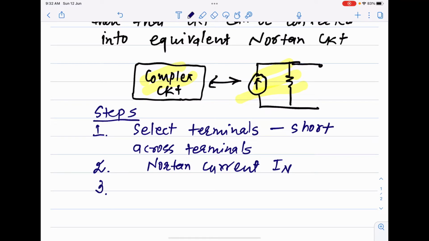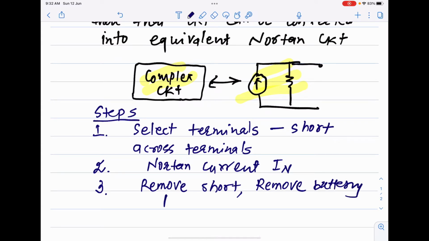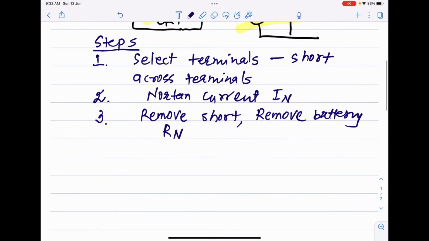Then in the third step, we will remove the short, and also if there is some battery present in the circuit, we will remove the battery too. And then we will calculate the Norton resistance, for which we use the notation Rn.